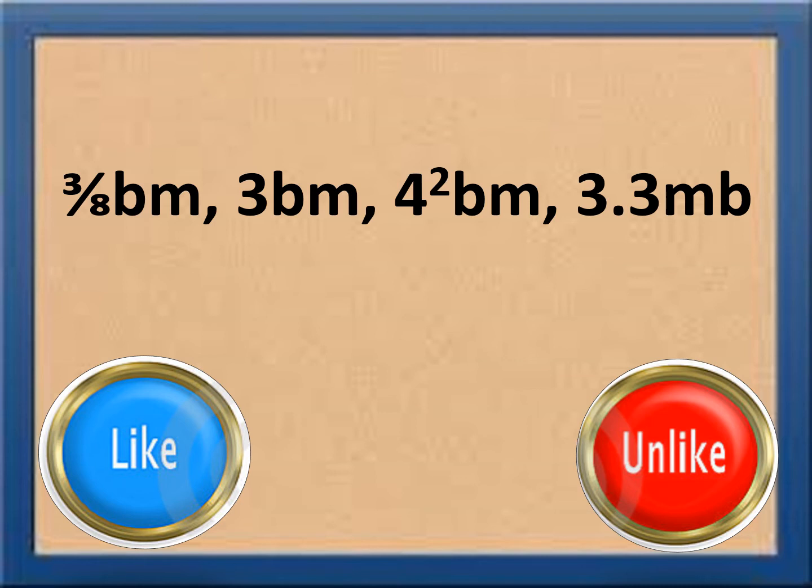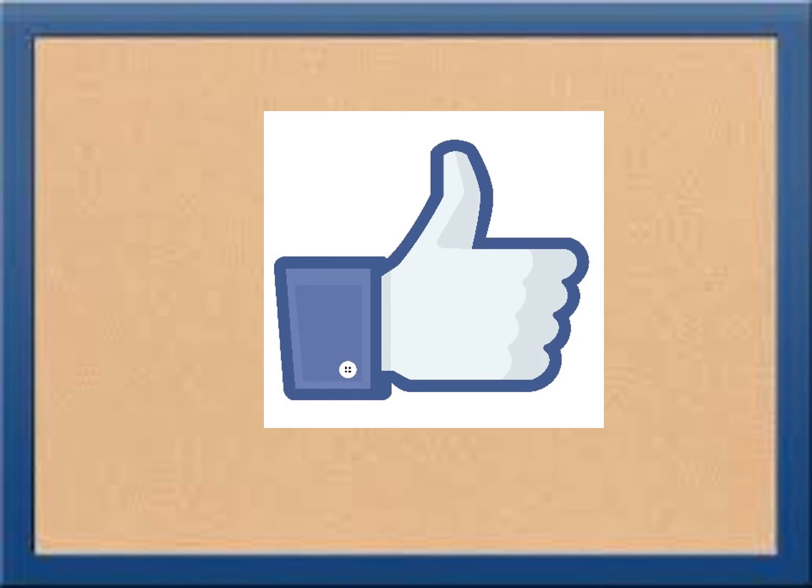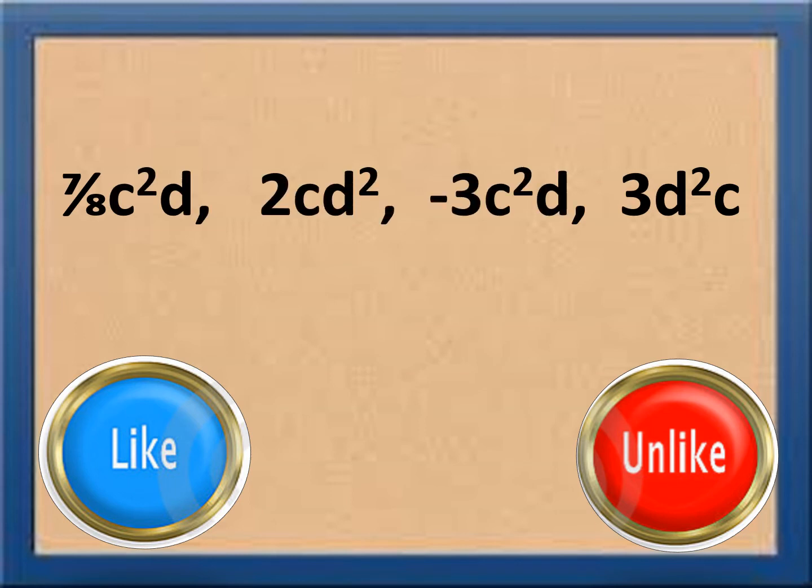It is okay. So for this one, we have the like term. So you are correct. Next, 7/8 c squared d, 2cd squared, negative 3c squared d, and 3d squared c.